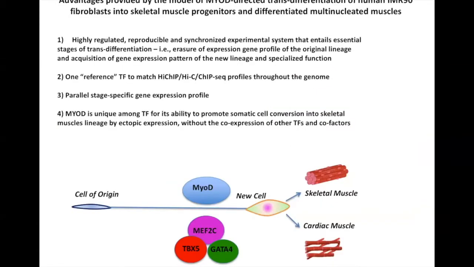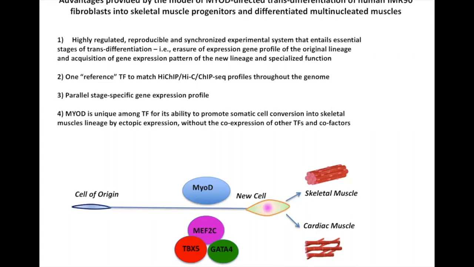So why is this a very good system suitable to understand the role of H3K27 acetylation marked chromatin interaction? First of all, because this is a highly regulated and reproducible experimental system that synchronizes cells at different stages of transdifferentiation from fibroblast to mature differentiated multinucleated myotubes.